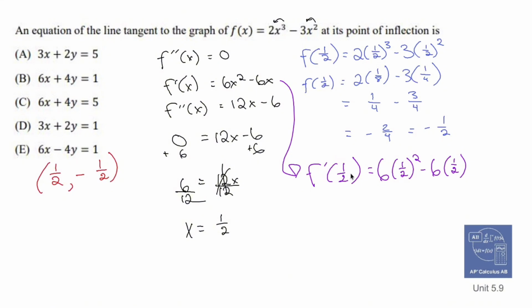That gives me 6 times a quarter, because a half squared is a quarter, minus 3. 6/4 minus 3 is 3/2 minus 3, which is negative 3/2. So negative 1.5. That's my slope.